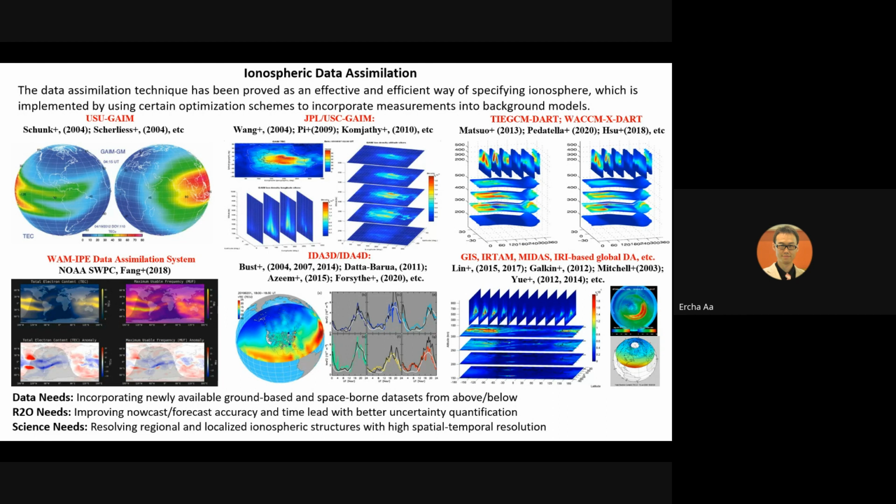Building upon that, some other systems do data assimilation by using the coupled ionosphere-thermosphere model or the coupled ionosphere-atmosphere model. For example, experts at NCAR HAO, I know that you do the TIE-GCM DART data assimilation or the WACCM-X DART data assimilation. And we know that in NOAA's SWPC, they have the WAM-IPE data assimilation system.